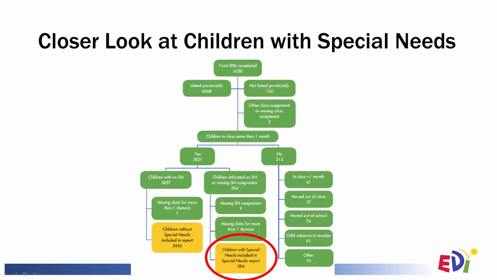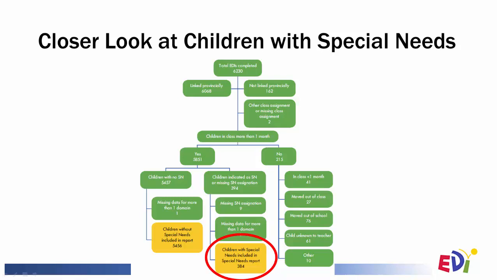We're now going to take a quick look at children with special needs. Special needs is a broad range of disorders affecting behavior, communication, as well as physical or intellectual development. Generally, for the EDI, the child has already been identified as having special needs through a medical, physical, or mental health diagnosis by a doctor, pediatrician, psychologist, or an assessment by a speech and language pathologist.